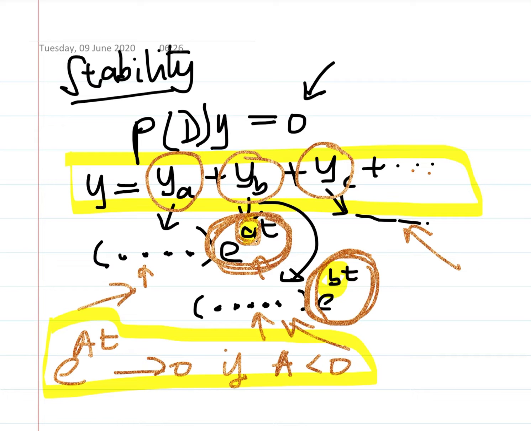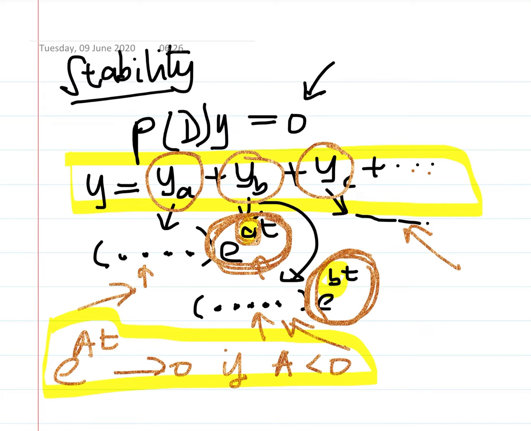Otherwise, if any one of them is positive, then one part of the solution will not go to 0, which means the whole function y, the solution, will not go to 0.